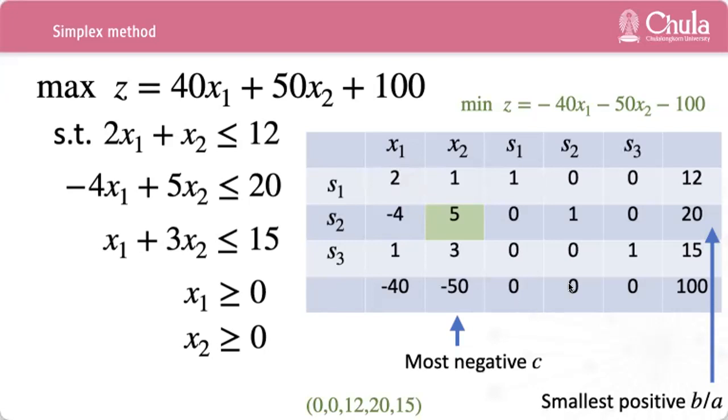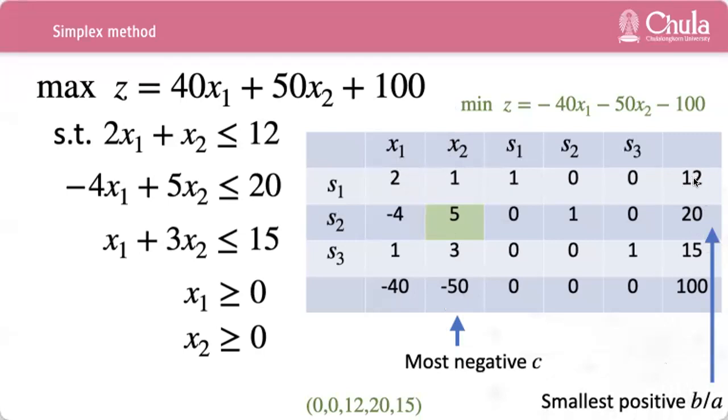The condition is that we look at the smallest positive ratio b over a. We divide b by a, which a? The a from this column, because we want to introduce x2 in the system. So we consider the a of x2, and we evaluate b over a.